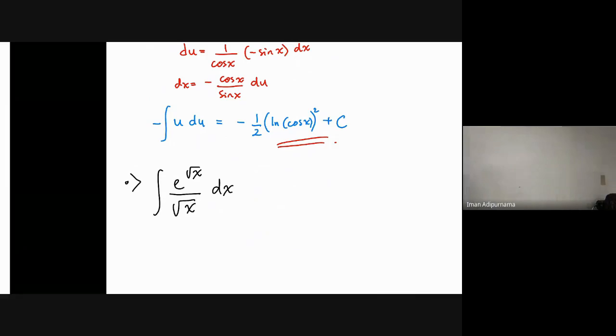Or we can think about the function of e. If you have any function with e to the power of some function, if you differentiate e, it will result in another e. If you have e to the x, it will be e to the x. If you have e to the 2x, it will be 2e to the 2x, the chain rule.